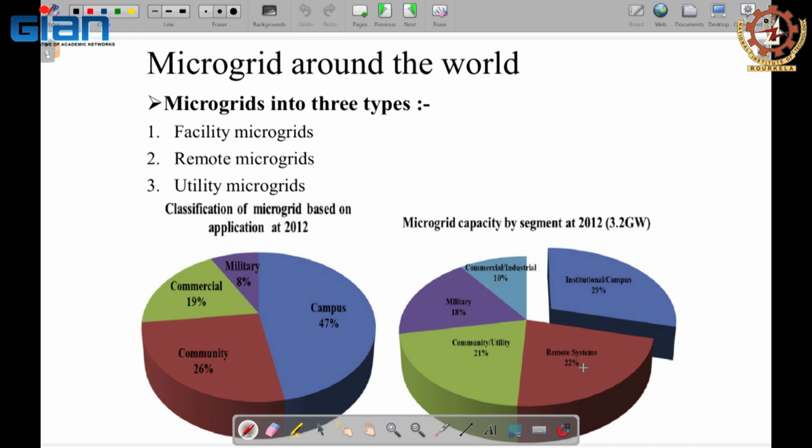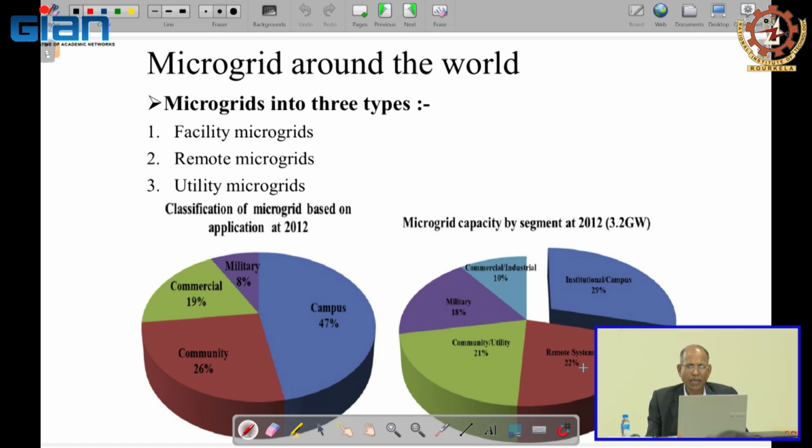Then some of the microgrid examples. So this list is not exhaustive. There can be many more. Okay. So microgrid, again, you can further try to classify as facility microgrid or remote microgrid. Remote, as the name indicates, in the remote areas, an isolated microgrid.